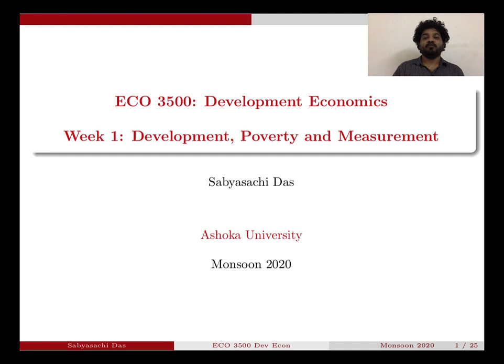So we will explore various conceptual details surrounding the notion of poverty, and then we will talk about a very important aspect of poverty, which is its measurement. Because any policy that a government or a think tank or an NGO wants to think about in terms of reducing poverty must first have an understanding of how to capture this phenomenon of poverty using data, so that we can get a sense of its spatial variation.